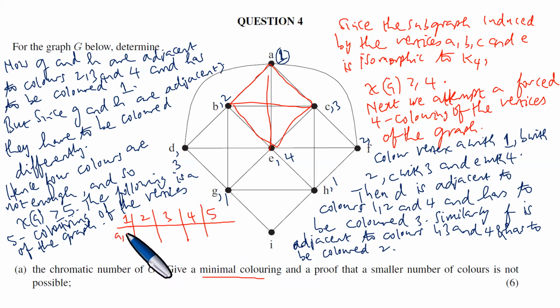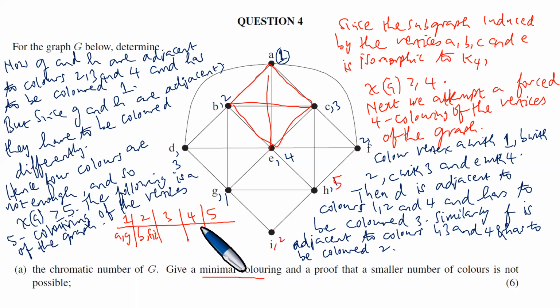So color 1 is A and G. Okay, we saw that A and G would have color 1. Color 2 would be for B, F, and I. B, F, and I will also be 2, because if this one, then this one is going to be 5, for example.